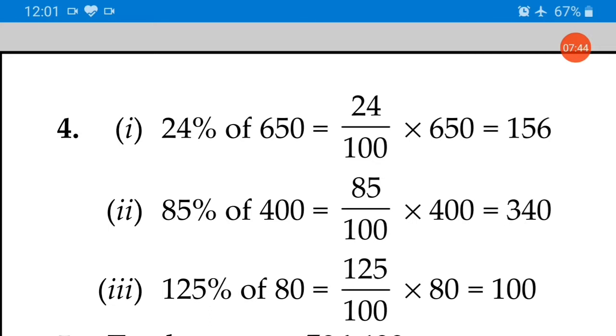So 25 cancels out. What will remain? 5 into 80 divided by 4, so you will get 100 as the answer.